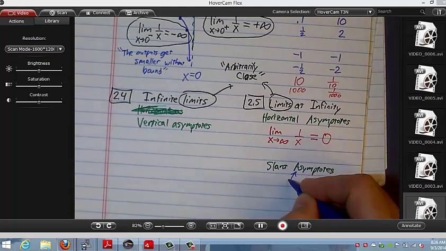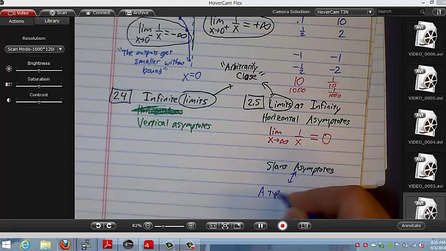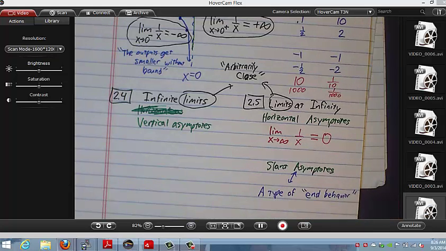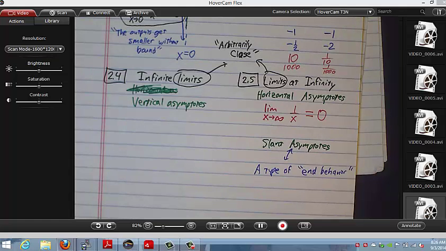this is a type of what we call end behavior. I'm trying to give you guys a taste of the vocabulary because the reading in this book can be tough otherwise.